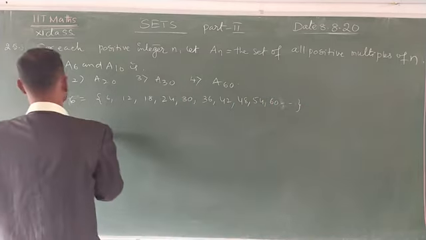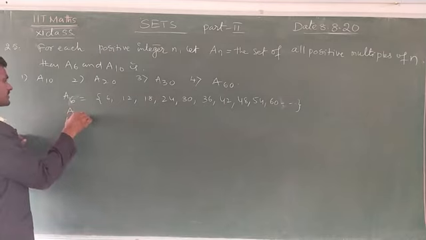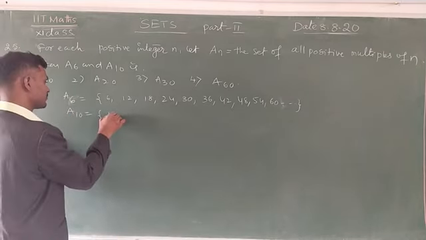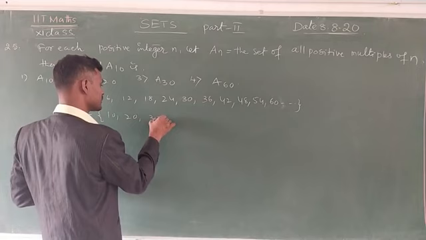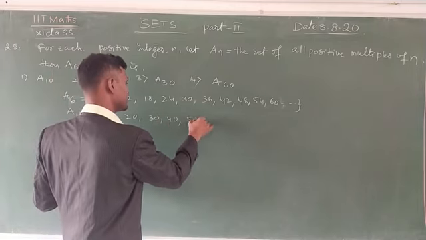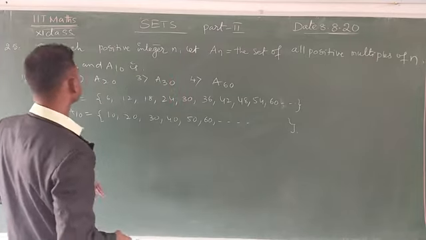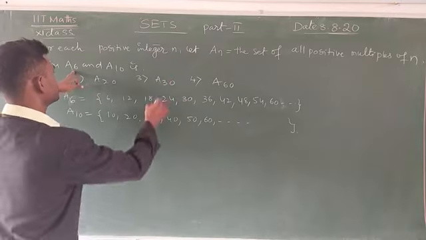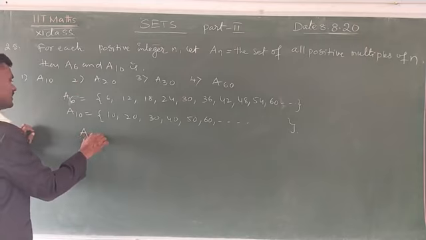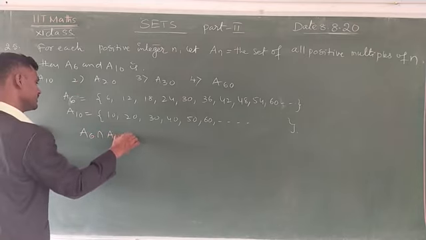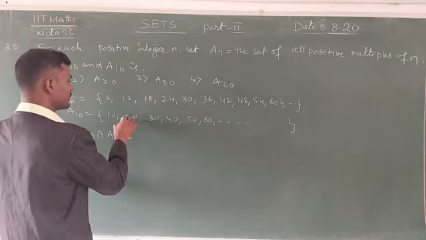Next, 10 table you can take here, multiples of 10. 10 1 is 10, 10 2 is 20, 10 3 is 30, 10 4 is 40, 10 5 is 50, 10 6 is 60, up to so on. Now A6 intersection A10. Here first which one is common?